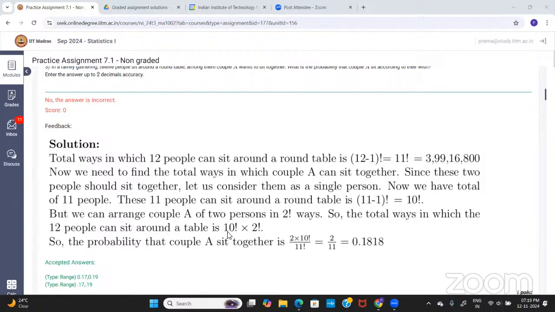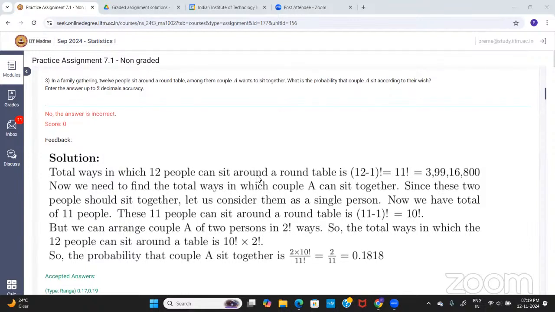See here, two different people are there. So two people can be arranged in 2 factorial ways, like A B or B A. Yeah, but there was some concept in permutations that clockwise, anti-clockwise don't matter. What's that condition?